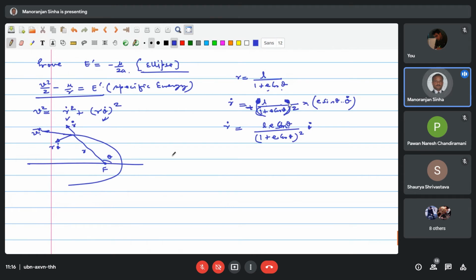Okay, therefore V square will become R dot square plus R square theta dot square.